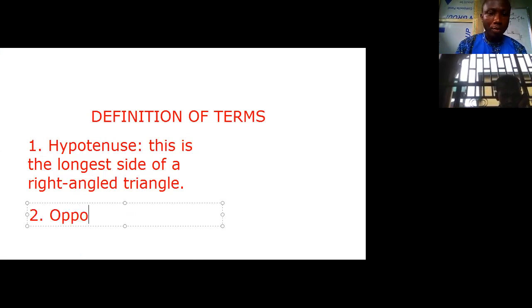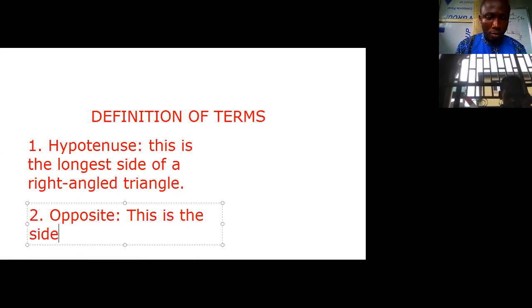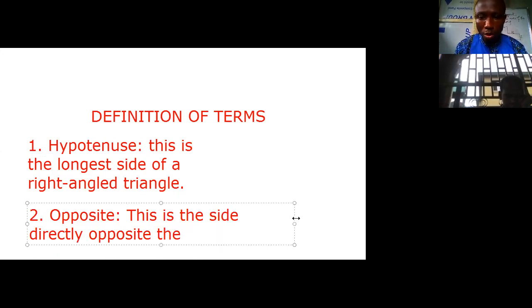Opposite: this is the side directly opposite the angle in focus.